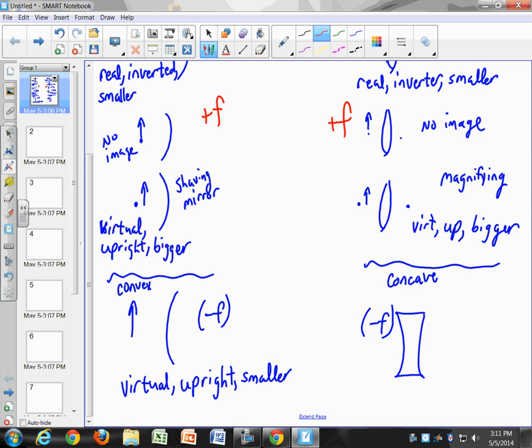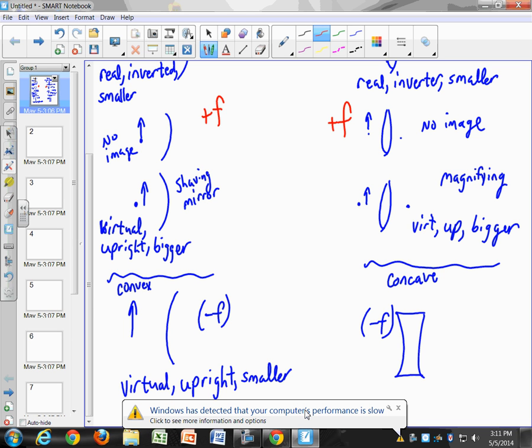Diverging devices have a negative focal length. Convex mirrors and concave lenses are diverging, these are converging. So you need to classify them in your mind as converging and diverging, because that's how they're similar. The convex and concave is just based on the shape.